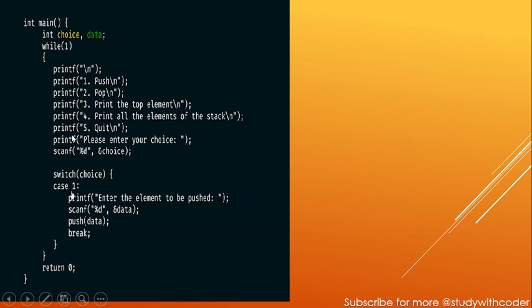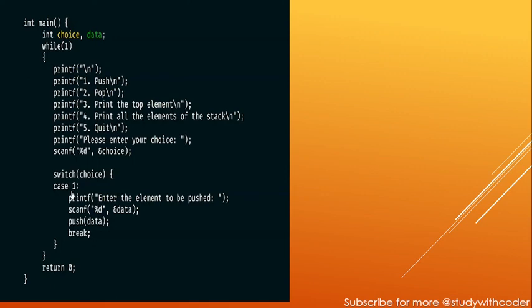Here is the code for the int main. Here we declare choice and data, while(1) means an infinite loop. Here is the menu: push, pop, print all the elements of the stack, and quit. Then we declare the input: please enter your choice. scanf %d &choice.